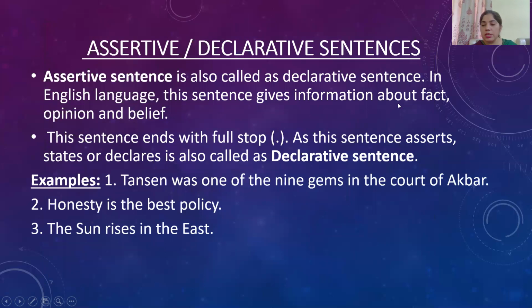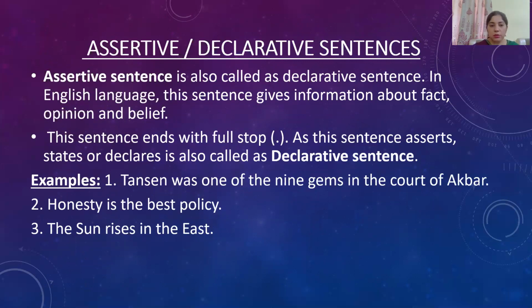Let's discuss each type in detail. The first one is assertive. As I told you, they are also called declarative since they tell or declare something, make a statement. They give information about facts, opinions, or beliefs. And usually these sentences end in a full stop, a period. As these sentences assert or state or declare, they are also called declarative sentences.